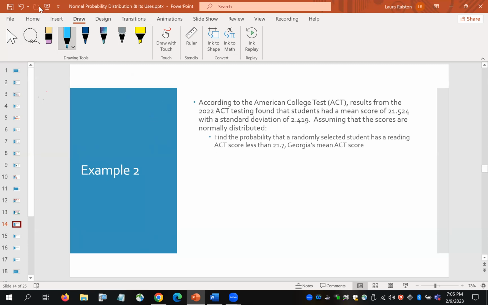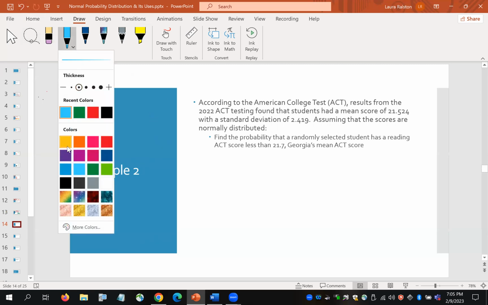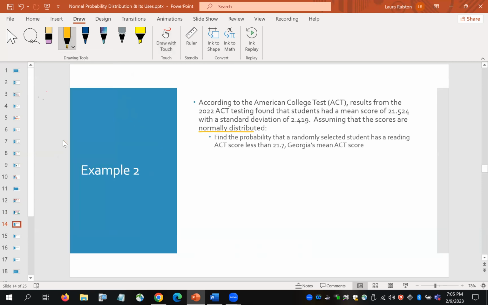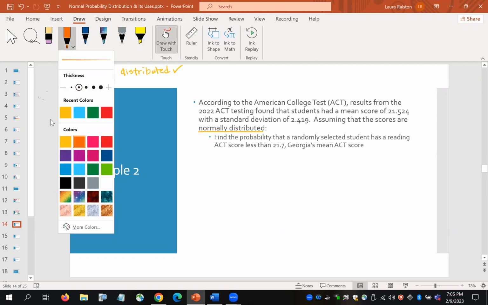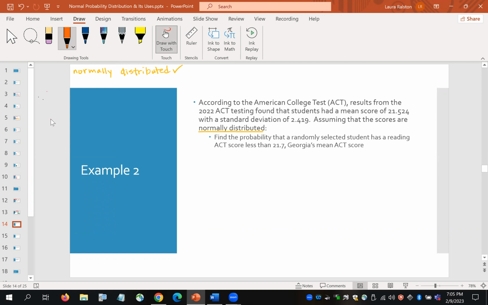I have the same scenario. Okay, it again tells me it is normally distributed. That hasn't changed. It's the same scenario we just completed. It tells me that my mean is 21.524.